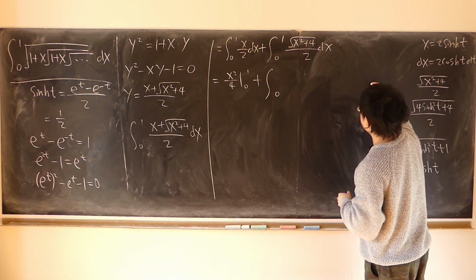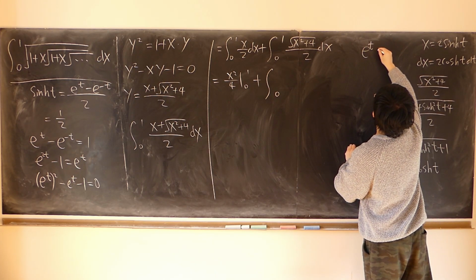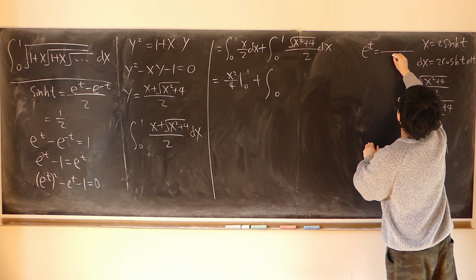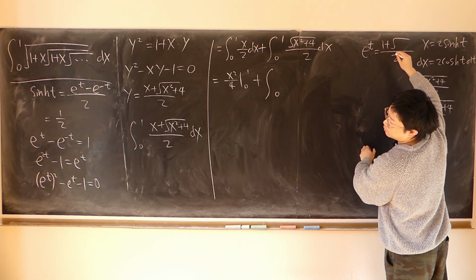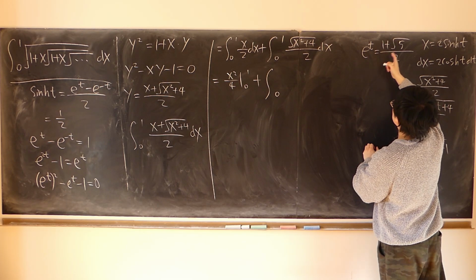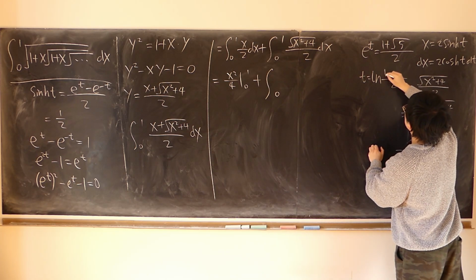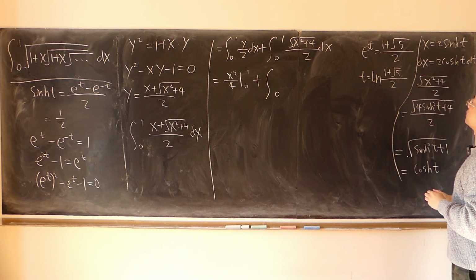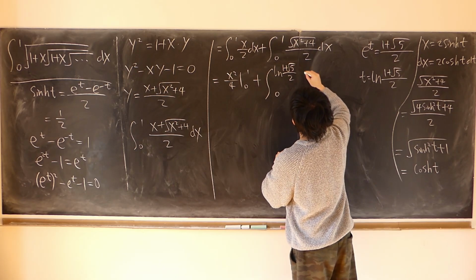So e to the t equals half, plus minus square root of 5, over 2. It has to be plus, this has to be positive. There's no problem. So t is equal to log of half times 1 plus square root of 5.